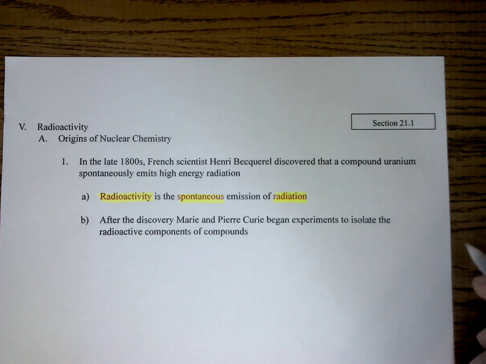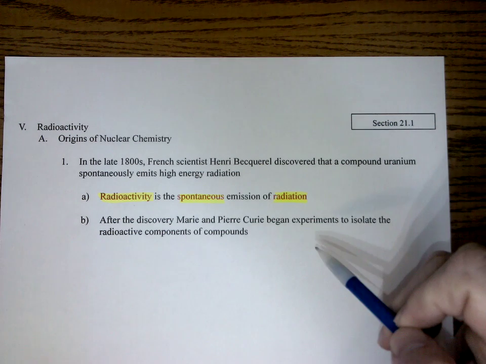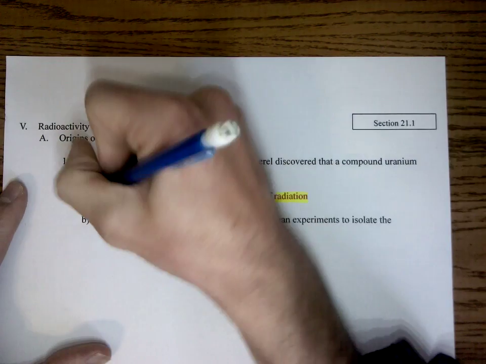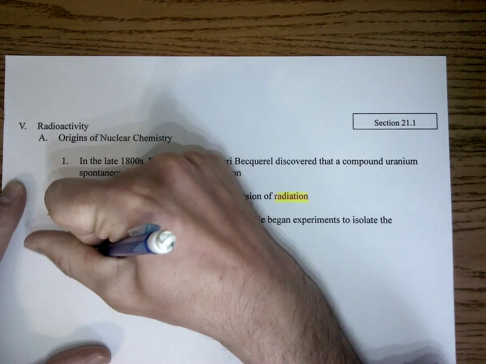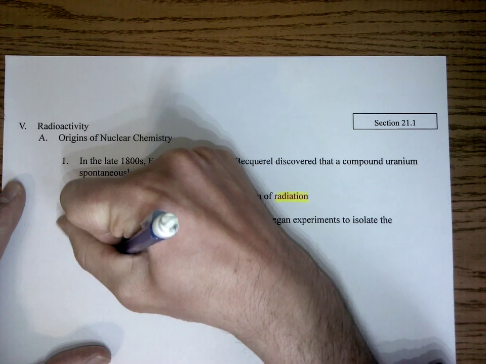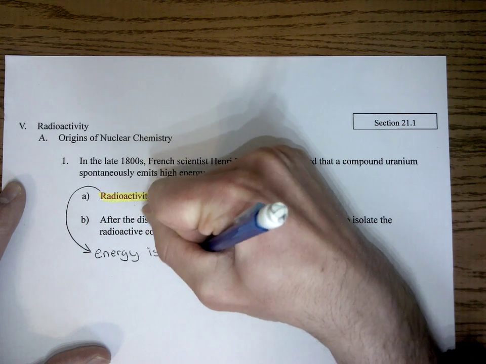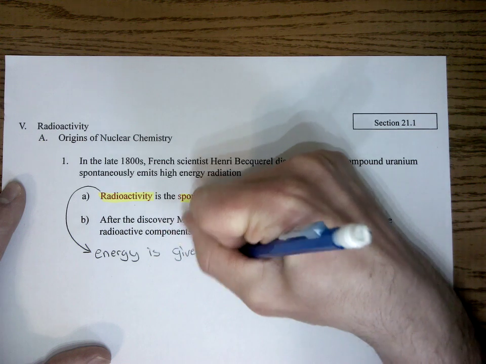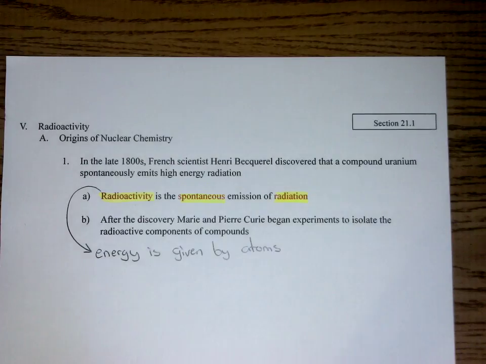What they notice is that they have this spontaneous radiation. So essentially, we're going to really dumb it down here. Energy is given off by atoms. Okay, so they notice this energy being given off.